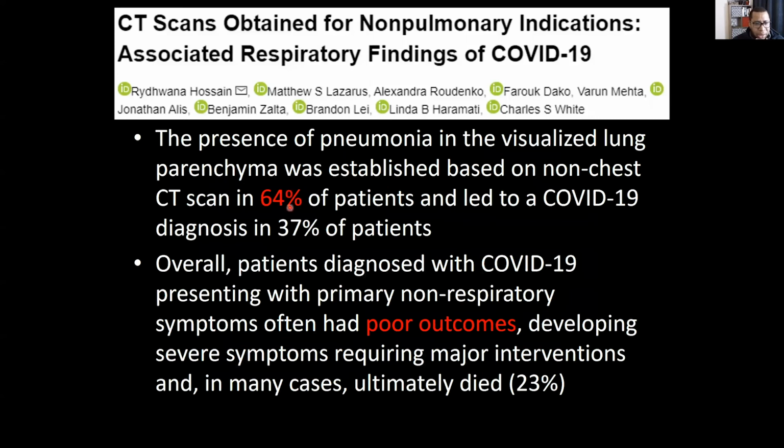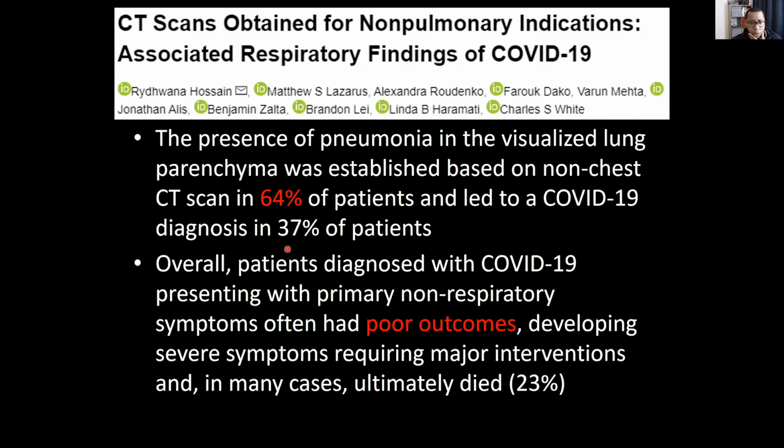So coming to an end here, this is a study that I was involved in, published in Radiology. We just looked at CT scans obtained for non-pulmonary indications. Patients came into the ED during the first wave of COVID, and we found that the presence of pneumonia in the visualized lung bases, like on a CT abdomen, on a non-chest CT scan, in 64% of patients led to a COVID-19 diagnosis in 37% of patients.